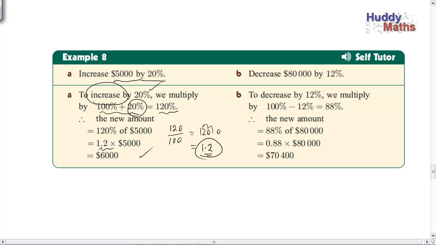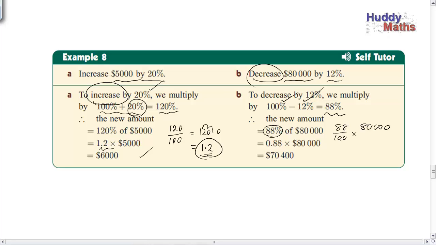So same answer. Let's have a look at the other one. 80,000 decreased. So here you've got 100% and you lost 12%, so you've got 88%. Your amount is 88 out of 100 times 80,000.